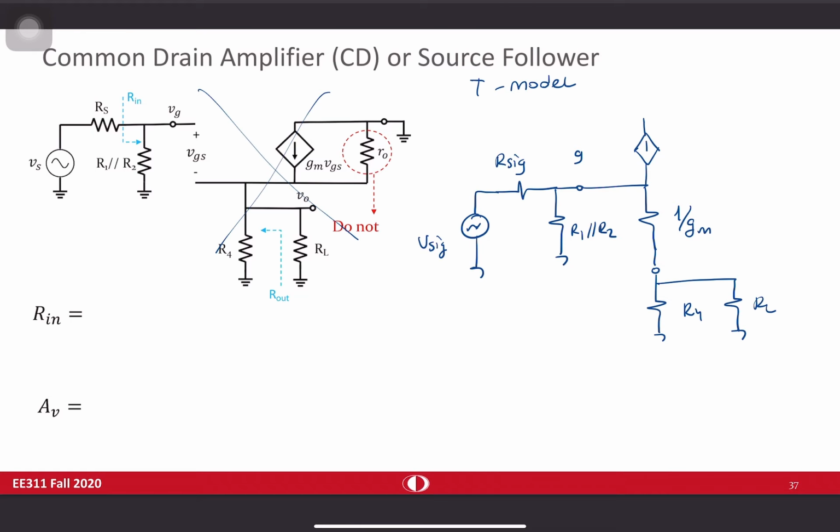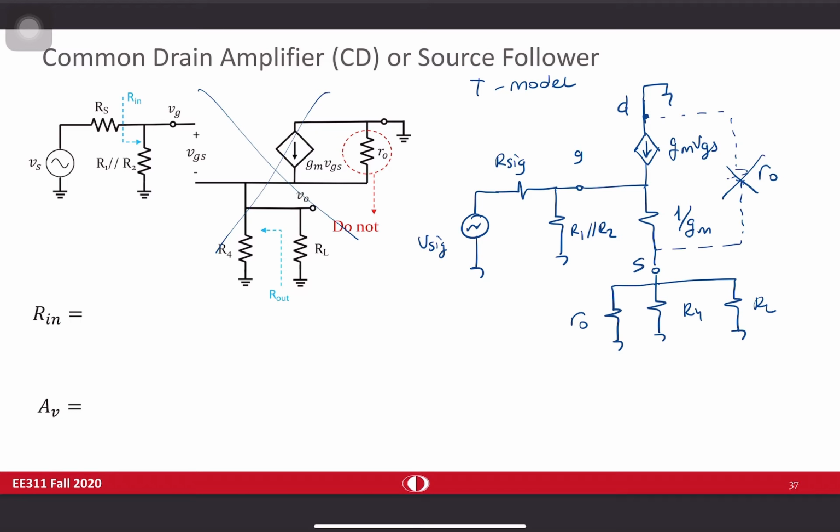And this is drain, GmVGS. This node is grounded. There is, of course, R0 in here. But since one end is grounded, I'm going to put that R0 in here. Okay, it's not going to change anything mathematically. So this is my overall small signal model by using a T-model for the transistor.